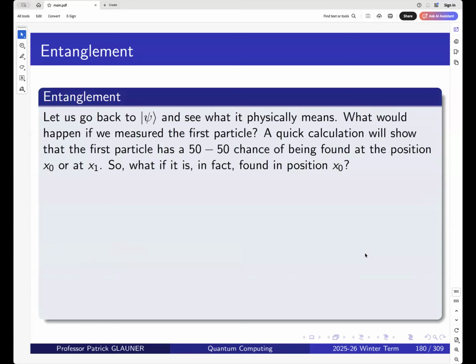Now, what is entanglement? We've mentioned this term a few times. So what does entanglement mean?